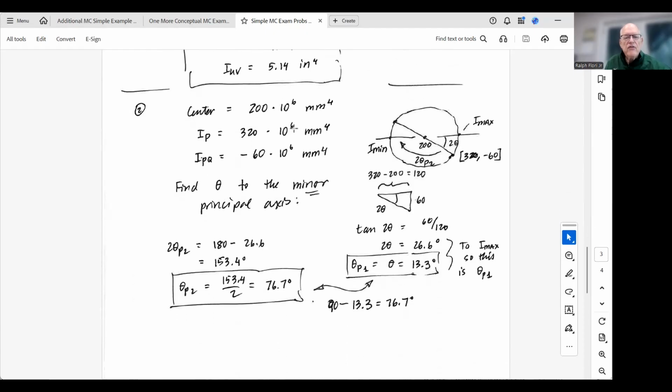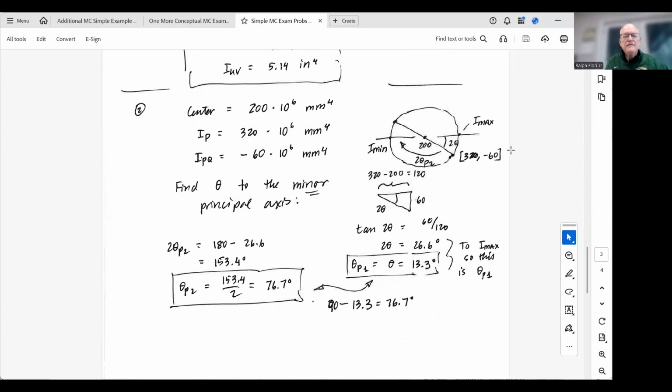Here you have a center, which is 200 times 10 to the 6 millimeters to the fourth. You have an IP, which is 320, and an IPQ, which is minus 60. And you're asked to find the theta to a minor principal axis. So you can draw the circle. The center is 200.